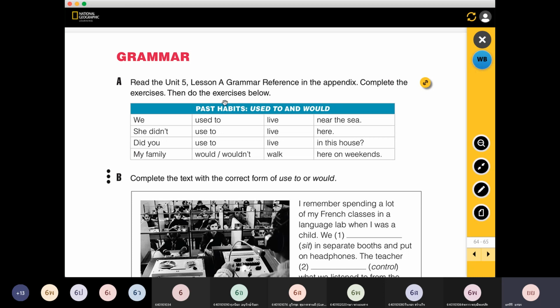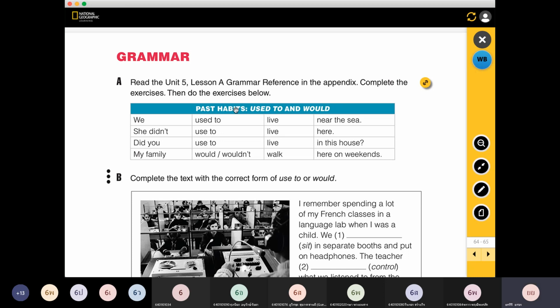Okay, when we talk about past habits, we can use two main words: used to and would. And be careful about used to here. We treat it, to a certain extent, as a helping verb to signify a past habit, because we have another used to as well.